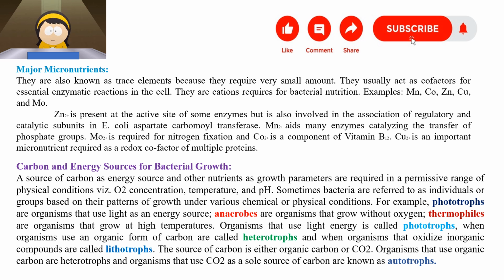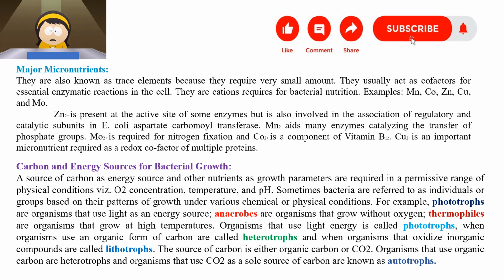Sometimes bacteria are referred to as individuals or groups based on their patterns of growth under various chemical or physical conditions. For example, phototrophs are organisms that use light as an energy source. Anaerobes are organisms that grow without oxygen. Thermophiles are organisms that grow at high temperatures.